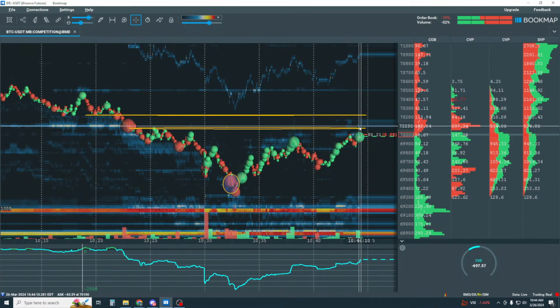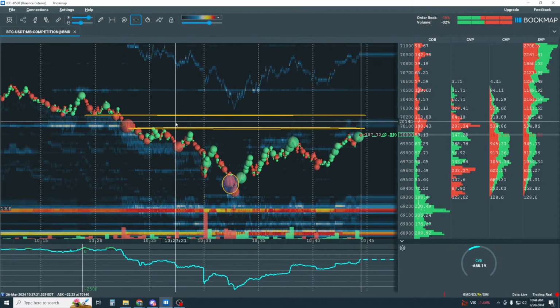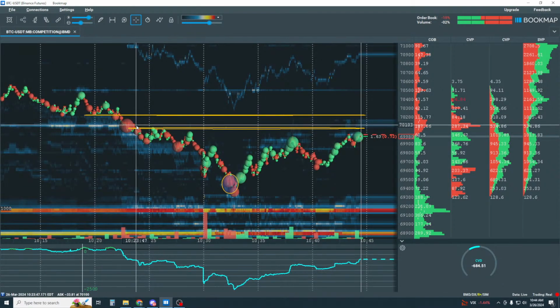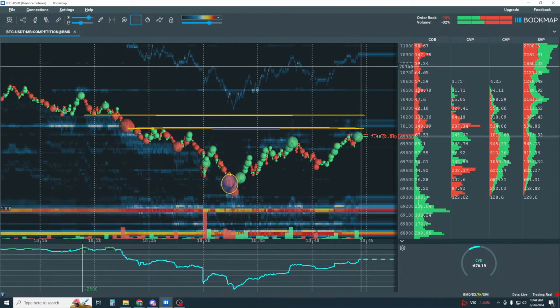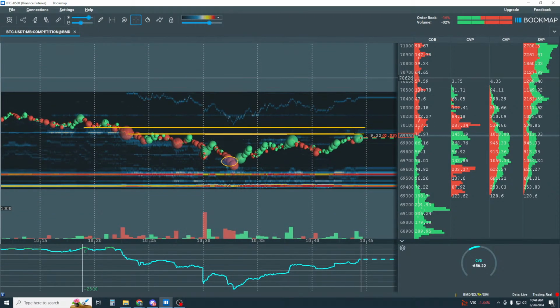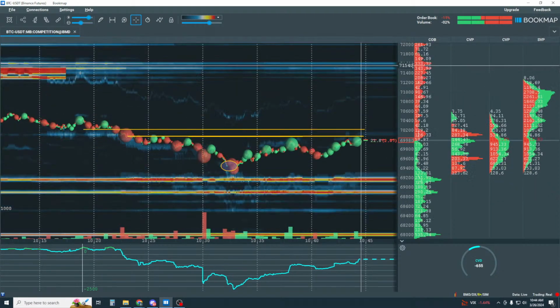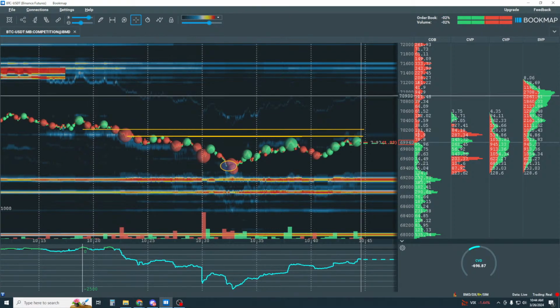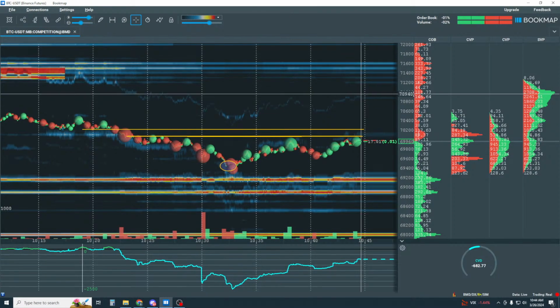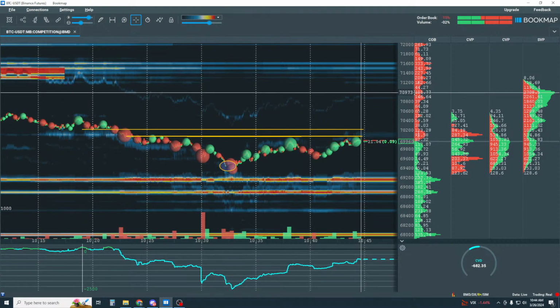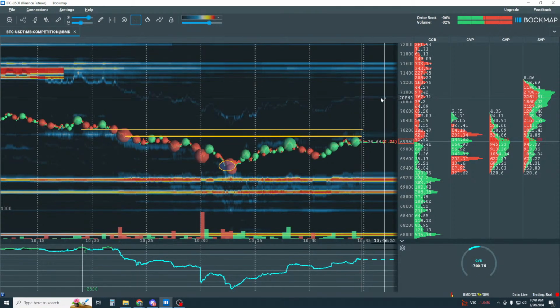Yeah, I'm still not buying it here yet, and I'm not looking for much of a move at this time. But we can look for potentially a much bigger move, which would be back up into 71,000 here. That's the point of control at least, or high volume node that I have up in here.